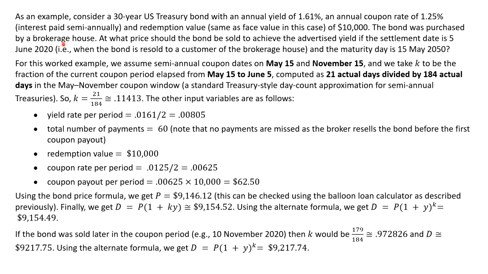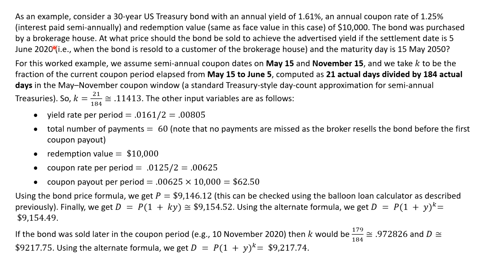The bond was purchased by a brokerage house. At what price should the bond be sold to achieve the advertised yield if the settlement date is 5 June 2020, when the bond is resold to a customer, and the maturity date is 15 May 2050.